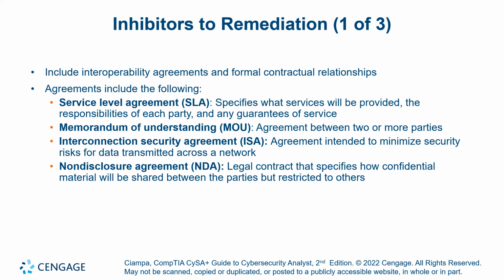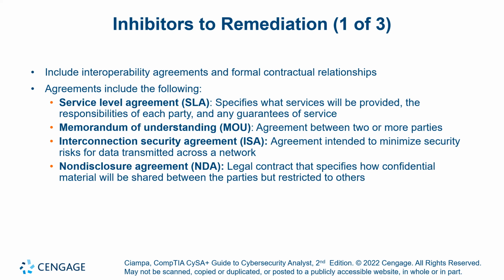Inhibitors to remediation include interoperability agreements and formal contractual relationships. Agreements include the following. Service level agreements, or SLA: specifies what services will be provided, the responsibilities of each party, and any guarantees of service. Memorandum of Understanding, or MOU: an agreement between two or more parties.